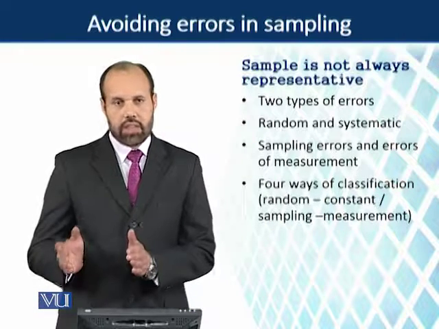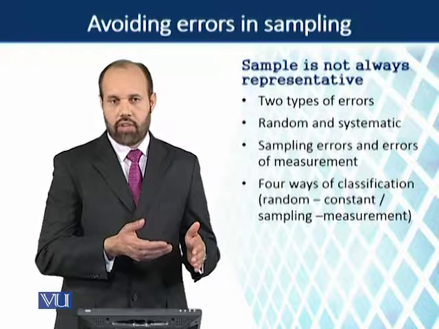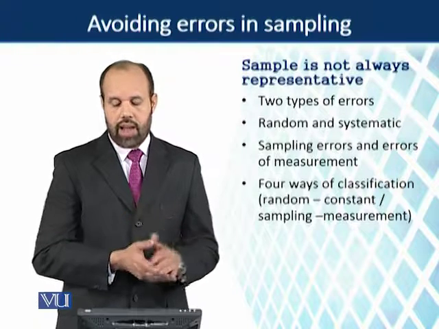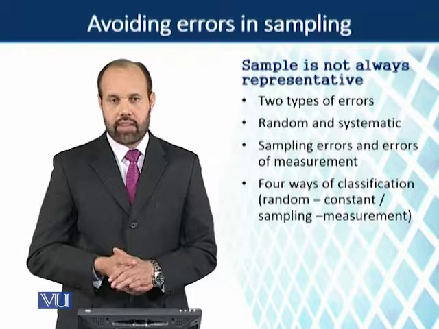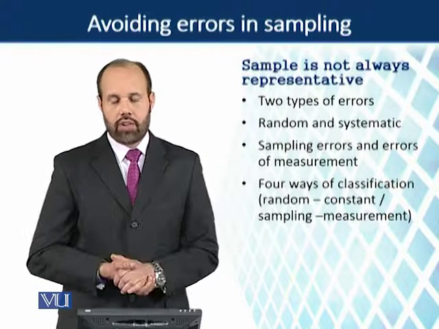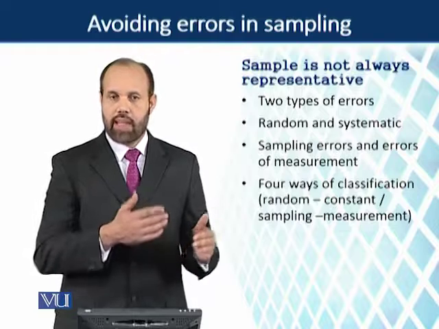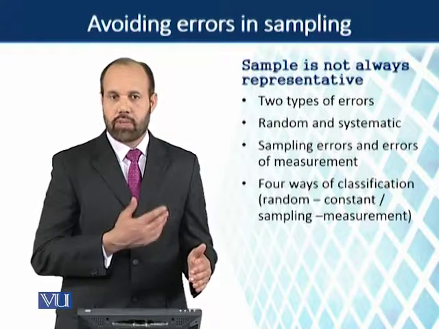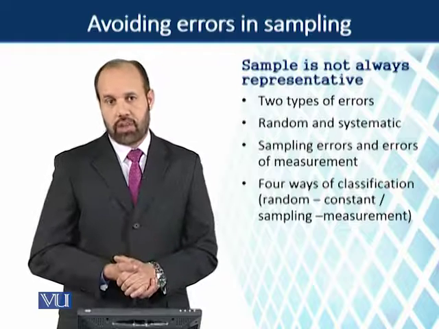Random and constant, right? Random in terms of randomizing sampling, or the sampling which is to be random, and then constant, in connection to the systematic errors which are part of your sampling. And then we also have errors which are related to sampling and then measurement, like the instrument which was used and then the calculations which are part of the measurement, okay?